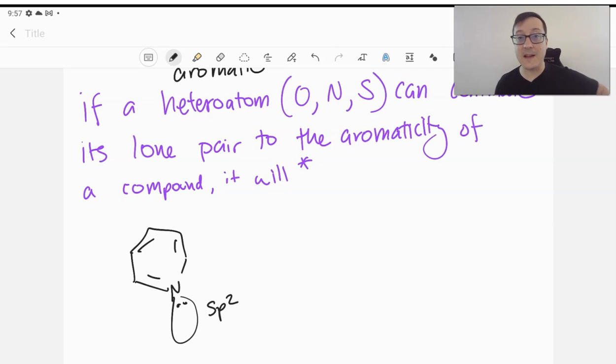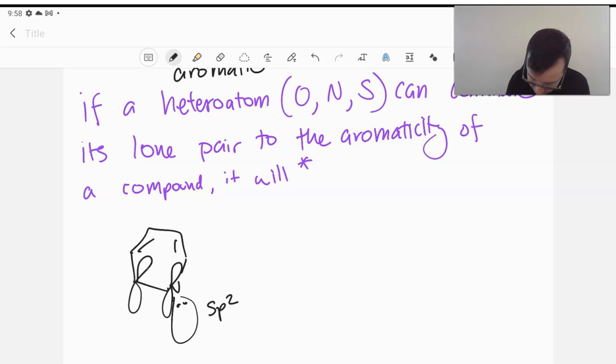Because it's already got that double bond holding it in place, it's already got p orbitals that are overlapping with other carbons. So this lone pair is stuck in an sp2 hybridized center, because the p orbitals of the nitrogen are already bonding with the other carbon on its left there. Remember that to form a double bond, we have to have p orbitals overlapping. So that lone pair is stuck in an sp2 orbital.